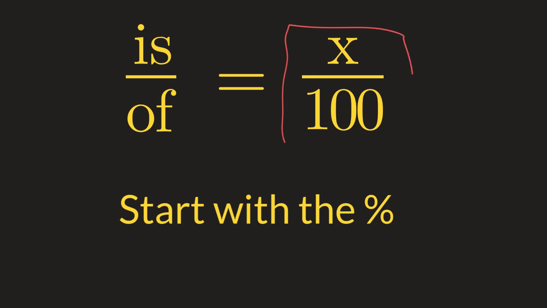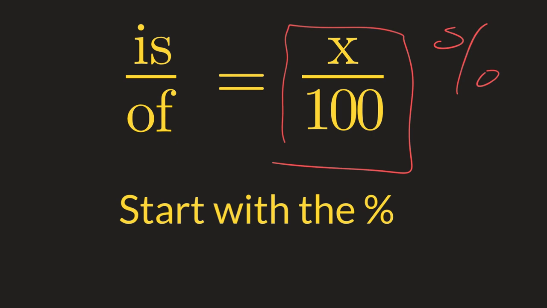Now I will say this. You see this right here that I put in red? That x over 100? That right there, that is your percentage, okay? Any percentage is really that number over 100.